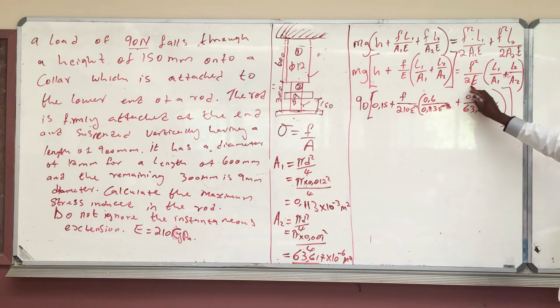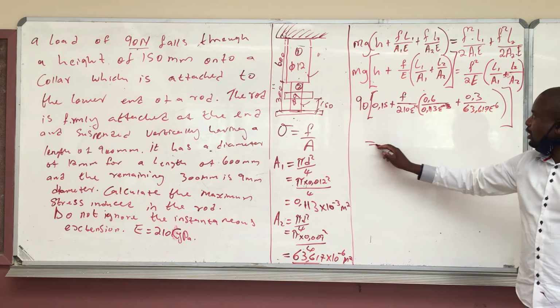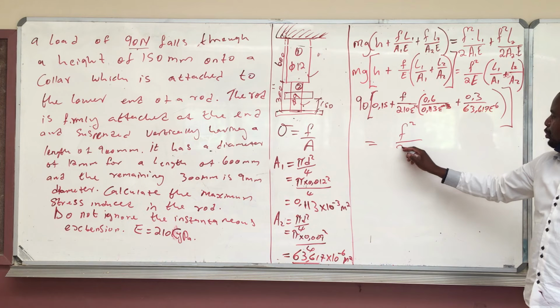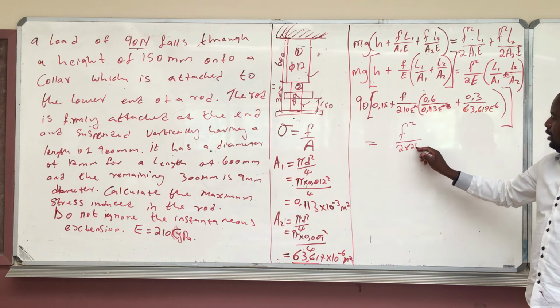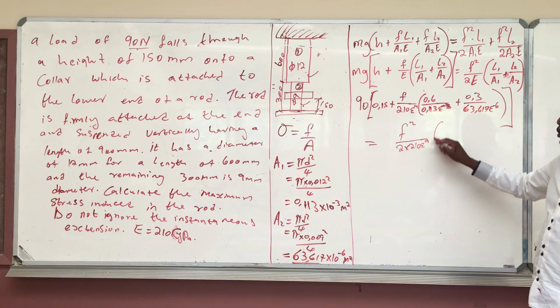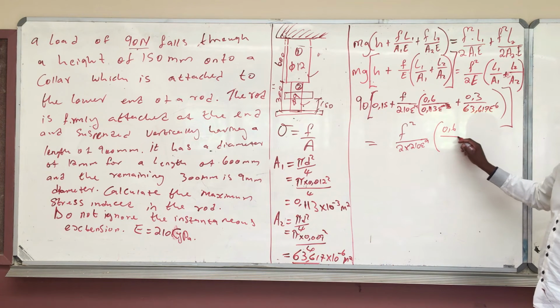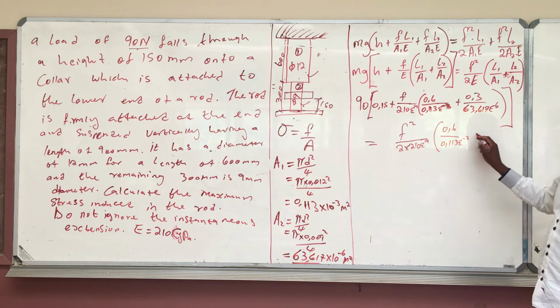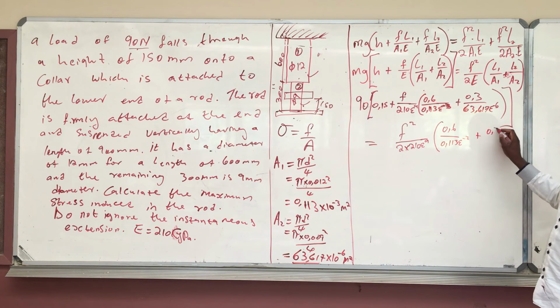Now I'm going to substitute this one, which is equal to F squared over 2 times 210 exponent 9 into 0.6 over 0.113 exponent negative 3 plus 0.3 over 63.617 exponent negative 6.